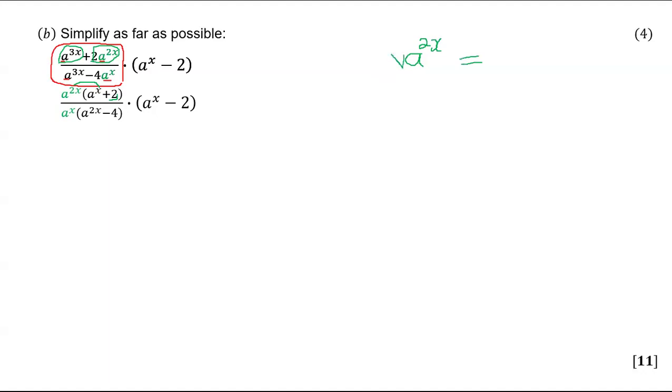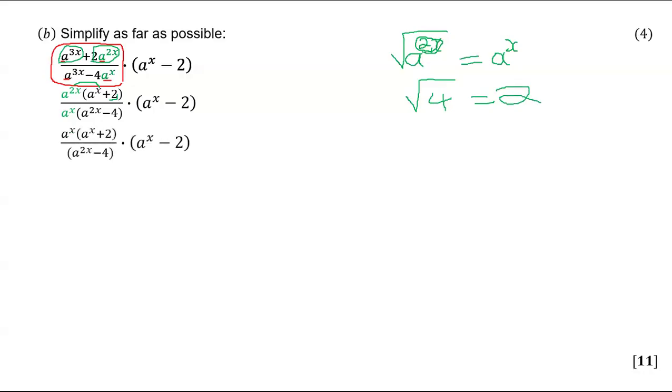If I square root this, remember sets from grade 9 or 8, you will get a to the exponent of x, because you just take this and divide it by 2. 2x divided by 2 will give you x. Similarly, find the square root of 4. The square root of 4 will give you 2. So this is a difference of two squares.